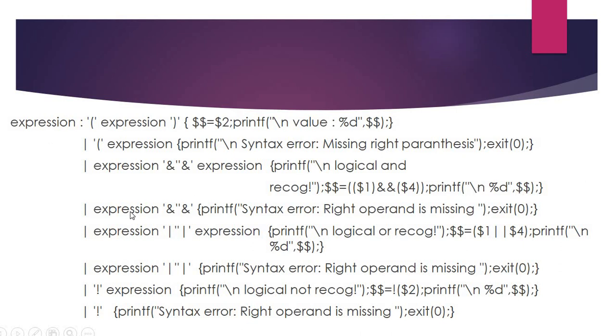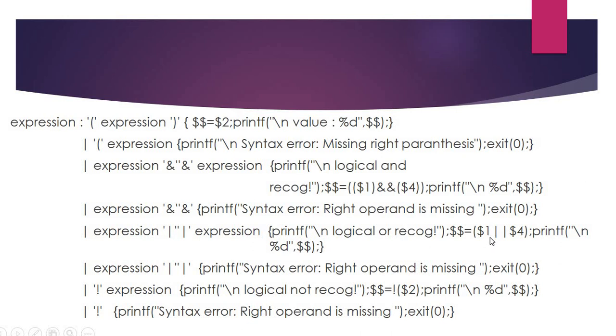Then expression produces expression and, with nothing after, is a syntax error. Expression produces expression or expression. So it is a logical or expression, a valid one. Here child 1 value will be in $1. This expression value will be in $4 because the vertical bar values will be in $2 and $3.